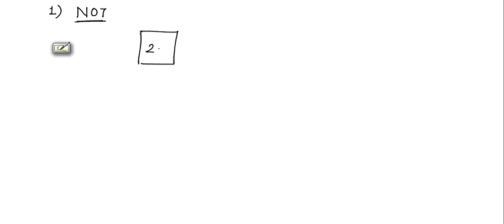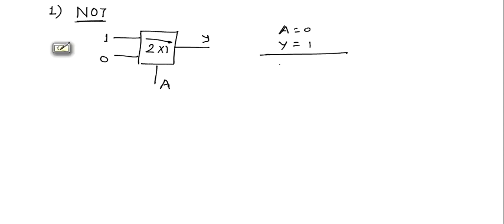Suppose this is a 2:1 multiplexer, this is input A, and this is output Y. We know that this is the select line, and if we give 0, this line will be connected to Y, and if we give 1, this line will be connected to Y. So if A equal to 0, then this line will be connected to Y, Y will be equal to 1. If A equal to 1, then this line will be connected to Y, Y will be equal to 0. So this confirms it is a NOT gate.